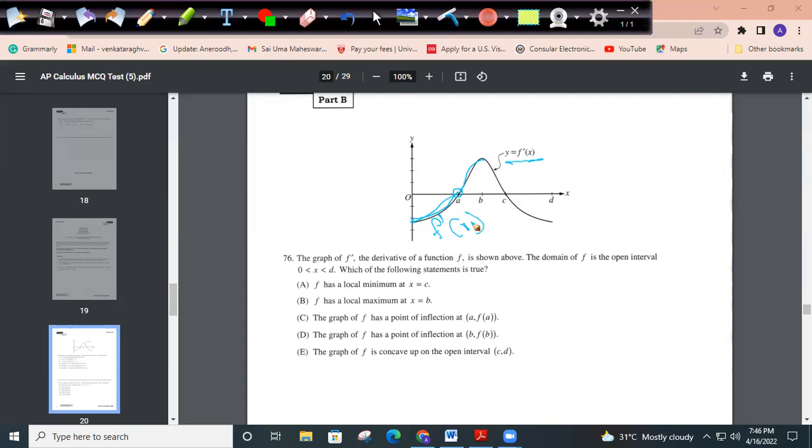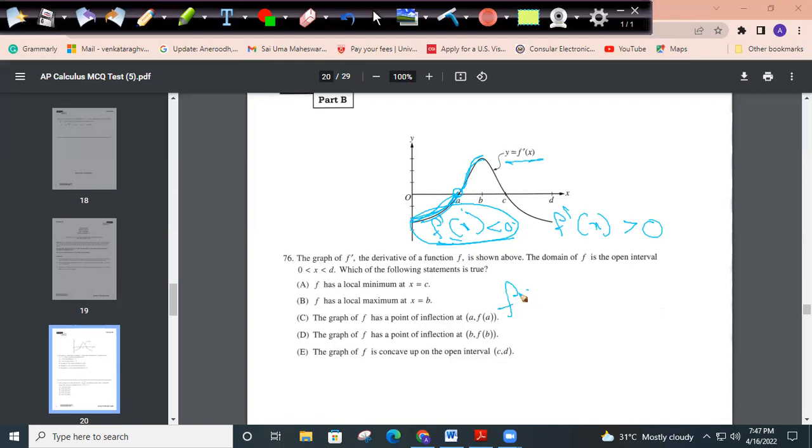I'm looking at point A here. To the left, f dash x is negative, and to the right f dash x is positive. What is the meaning of f dash x being negative? The function is decreasing.